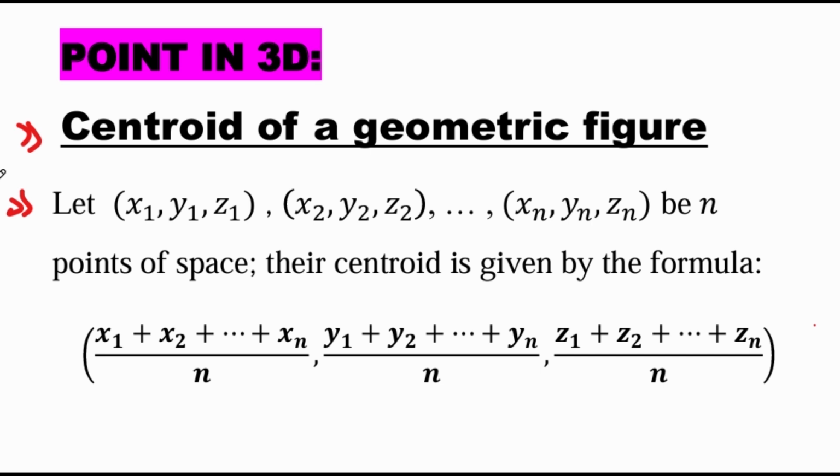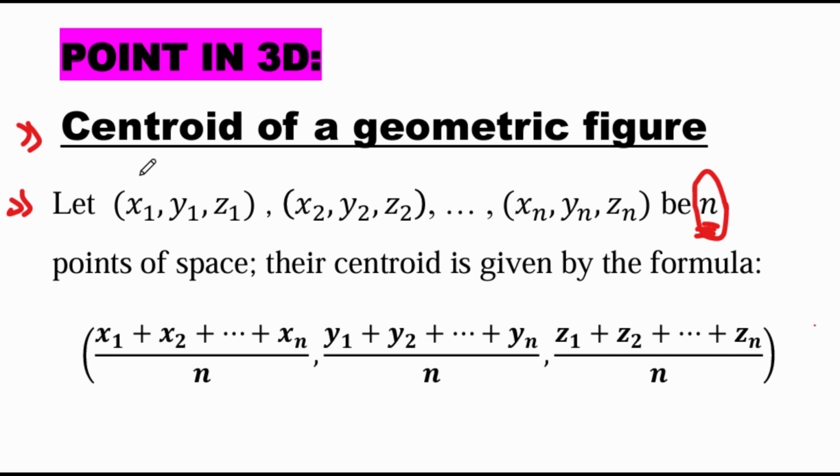So generally, when we have the points, say x1, y1, and z1, x2, y2, and z2, up to xn, yn, and zn, then the centroid is calculated by this formula. First of all, we identify the value of n, right?